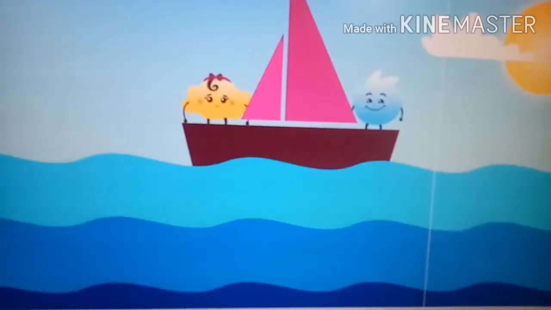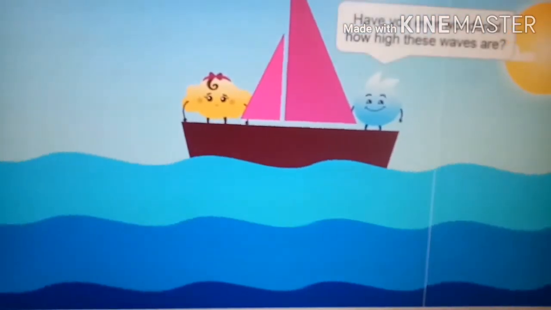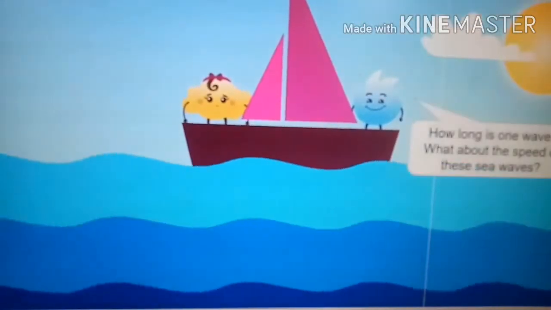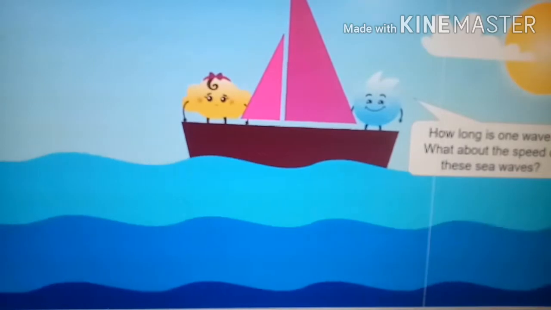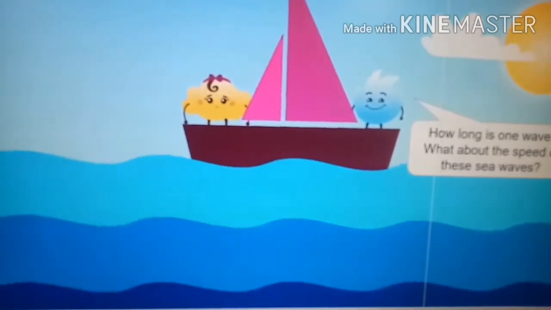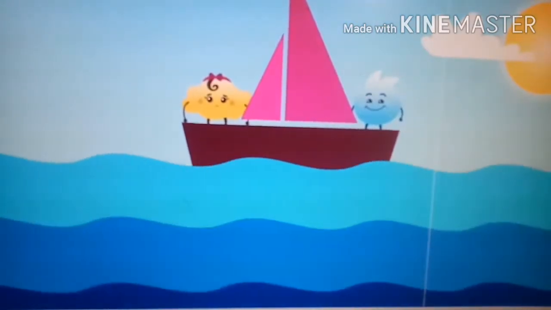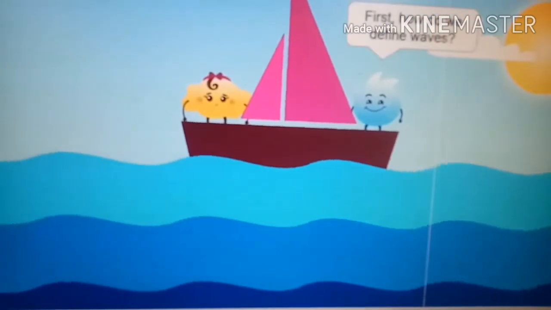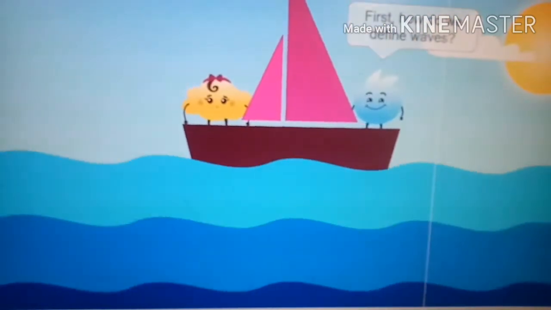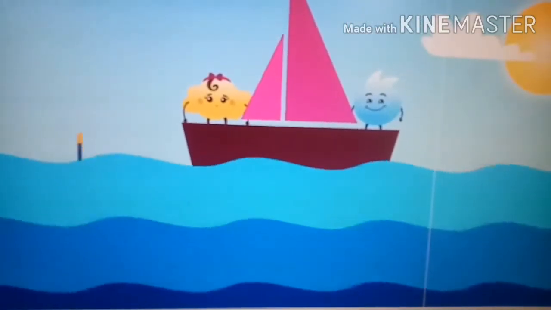So first look at these waves. We will define how these waves are produced and what the length of these waves will be, what about the speed of these waves. First you should know what waves are.